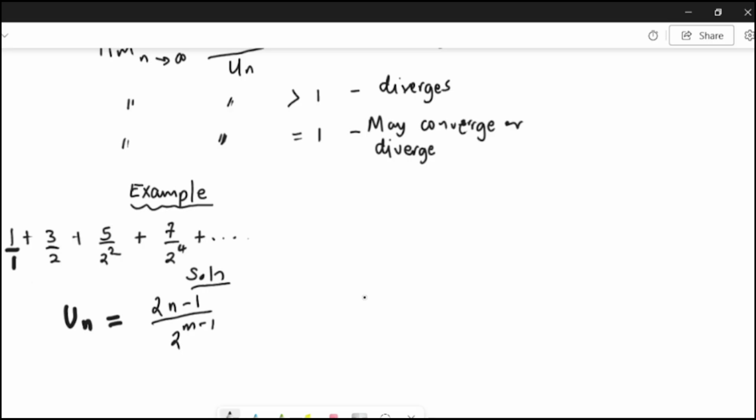So for you to get the next term, for instance here we have 2 to power 1, it will give us 2 to power 0, which is 1, and then if m is 2, we're going to have 2 minus 1, and that is giving us 2 to power 1, which is just 2. And if m is 3, we're going to have 3 minus 1, which is giving us 2 to power 2, like that.